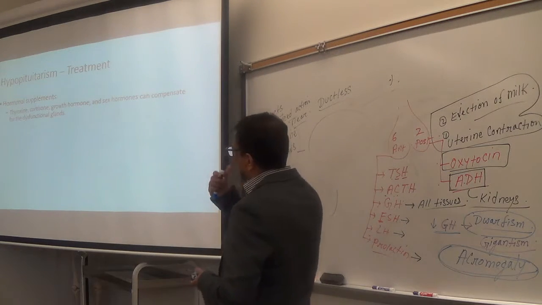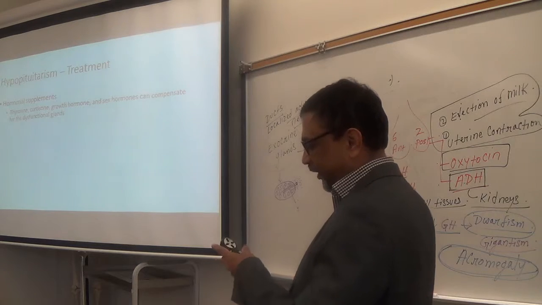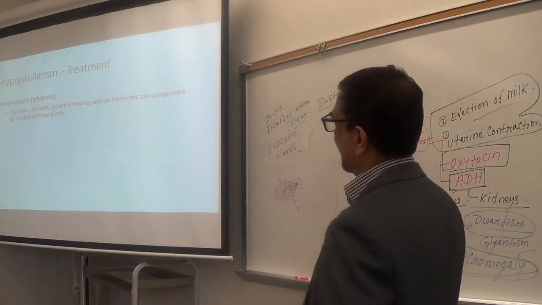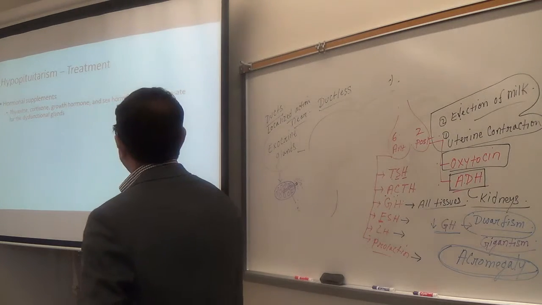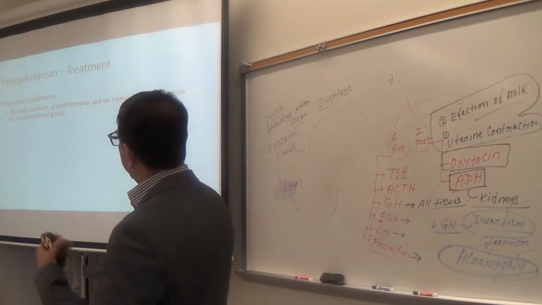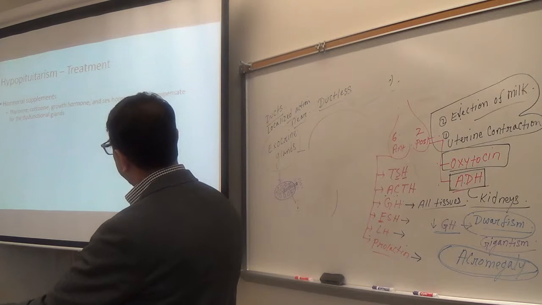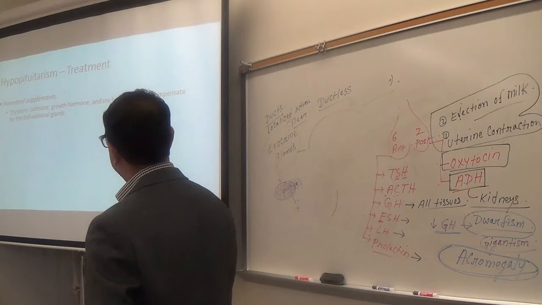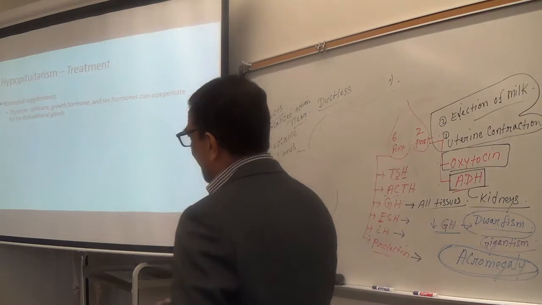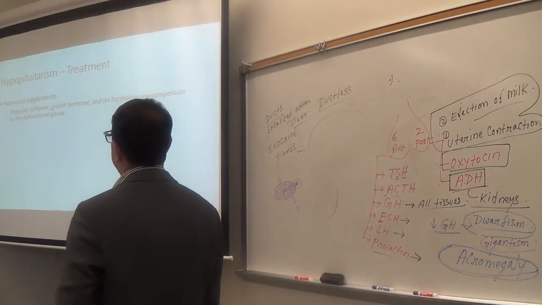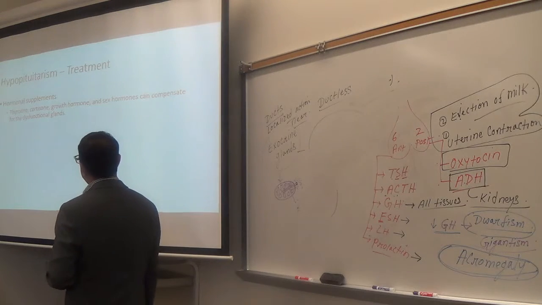Hypopituitarism, if the pituitary gland secretes less than normal, that is called hypo. Hypo means less. Hypopituitarism is the condition where the pituitary gland is secreting less than normal amount of hormone. In that case, to stimulate the pituitary, we use some hormones, thyroxine, cortisone.